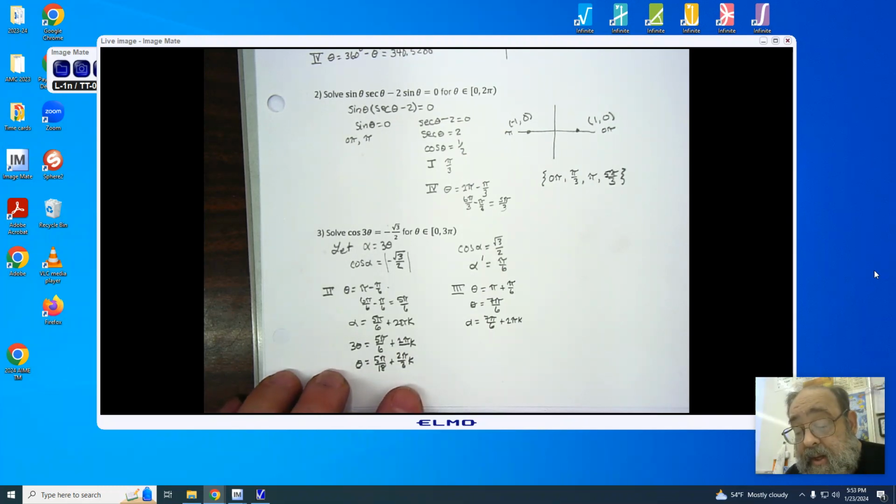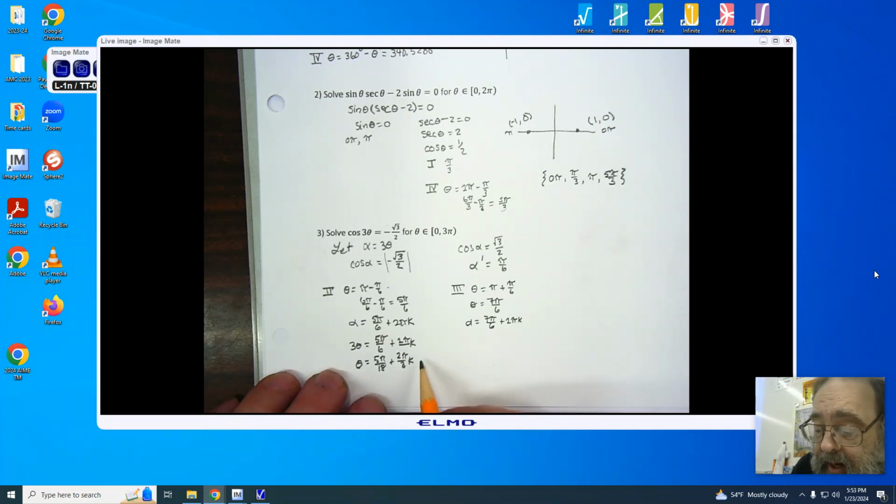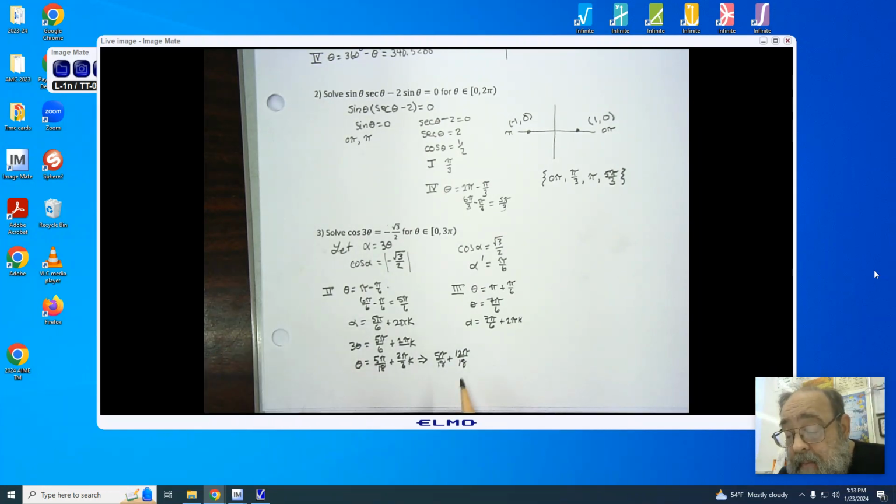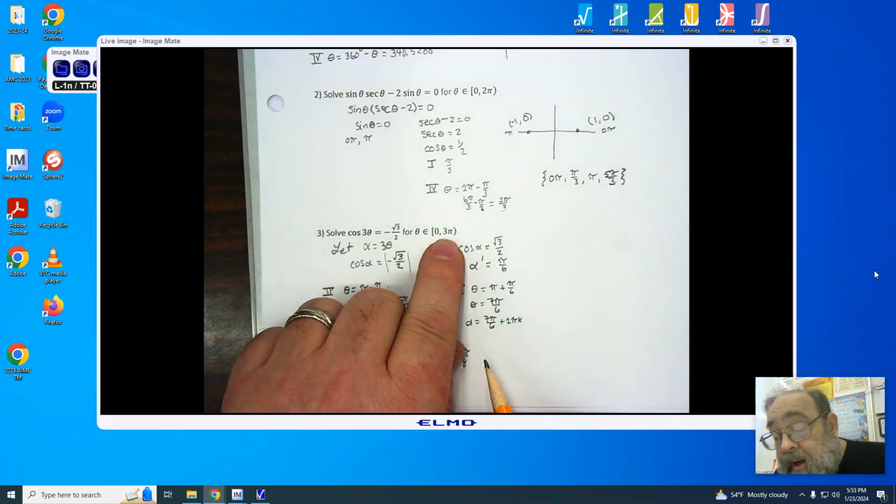Now you'll notice if I wanted to get this into the same denominator, I'm going to end up having 5 pi over 18 plus 12 pi over 18 by multiplying by 6 over 6. Now that means I'm going to keep adding 12 to the numerator until I reach 3 pi.